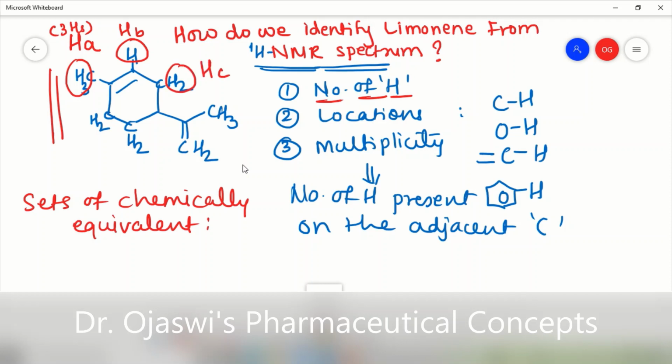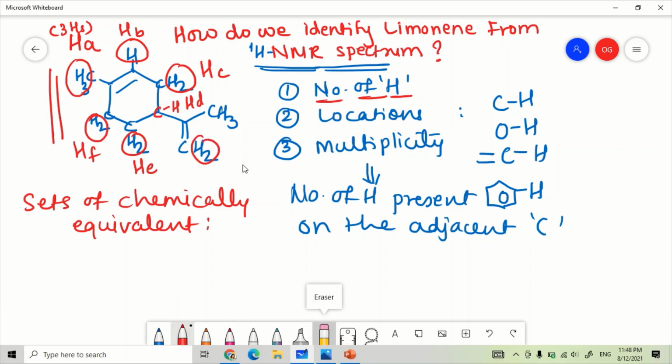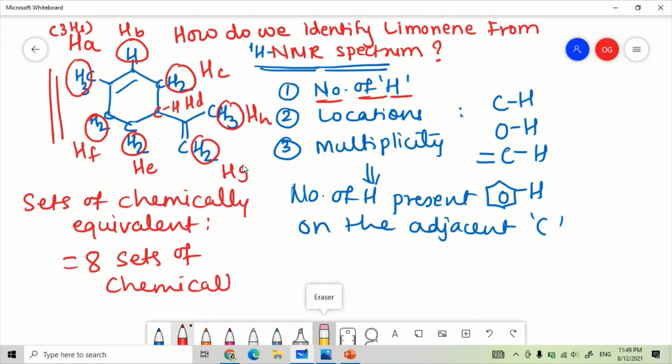The third set is HC. This carbon again has one hydrogen, so this is HD, this is HE, F, let us say G and H. So there are 8 sets of chemically equivalent hydrogens.